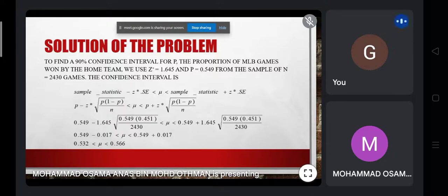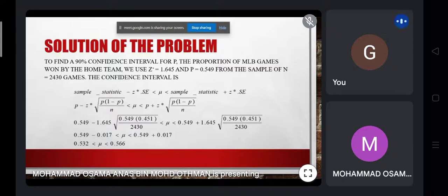Where do I get p equal to 0.549? It is from 54.9% that's stated in the problem. So we divide it by 100 and we will get 0.549. From the sample of n equal to 2,430 games as stated in the problem.